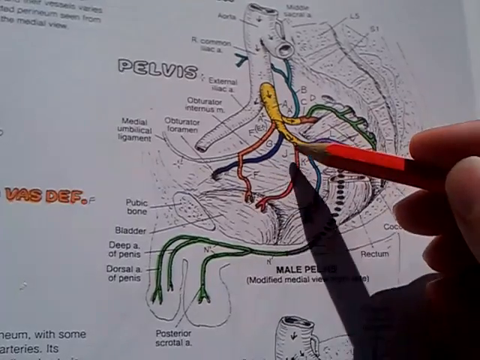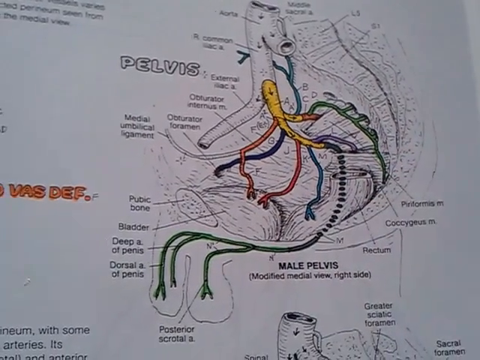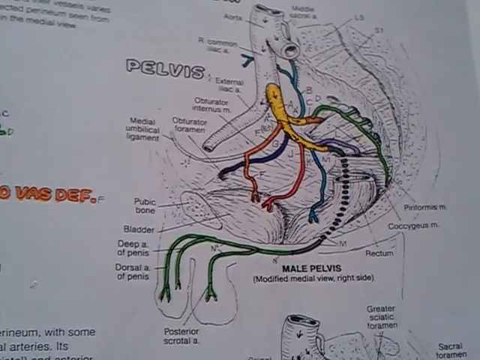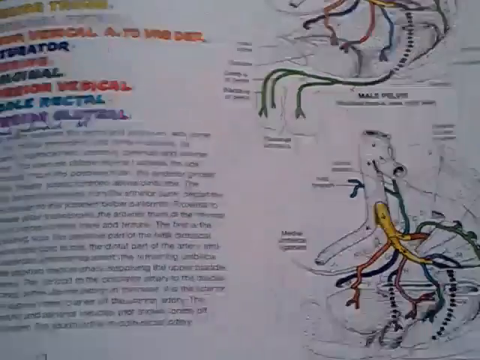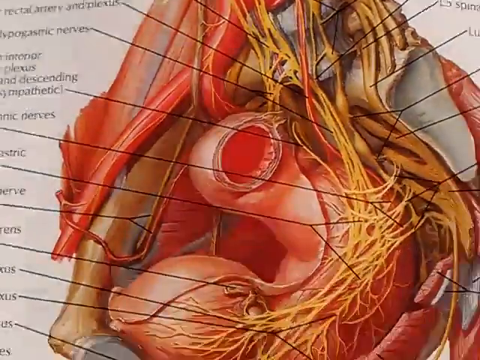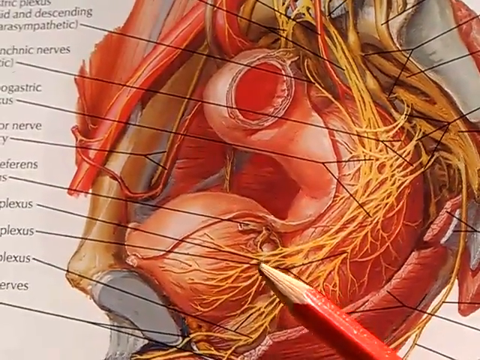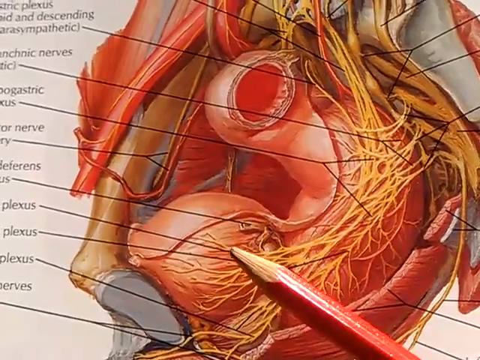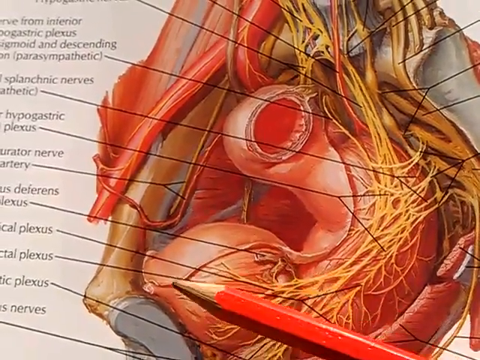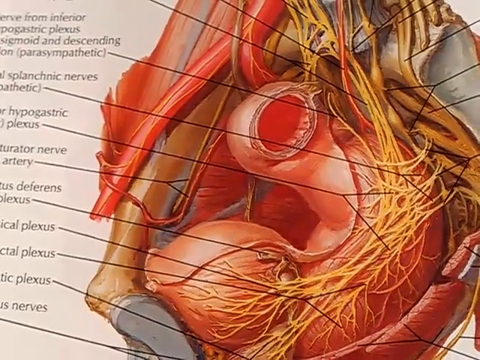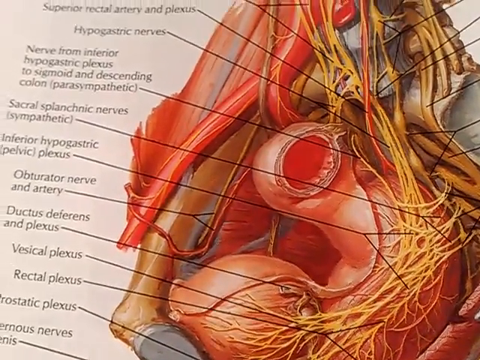So superior and inferior vesical artery. And the nerve supply is by the vesical plexus, where you will get parasympathetic fibers for detrusor, the entire urinary bladder, and sympathetic fibers for sphincter muscle.